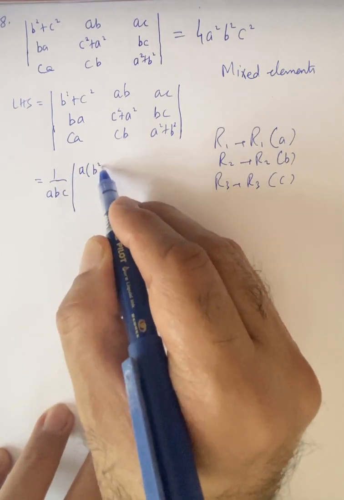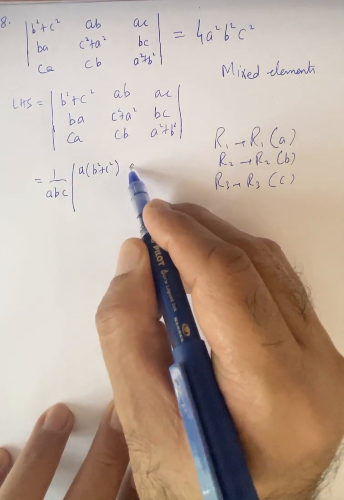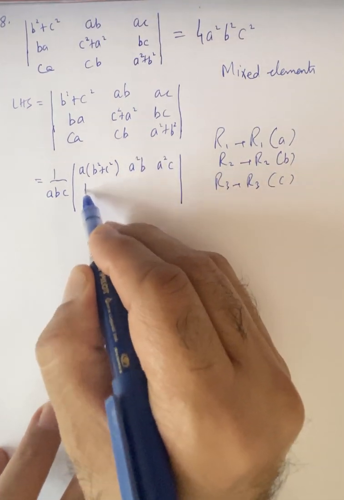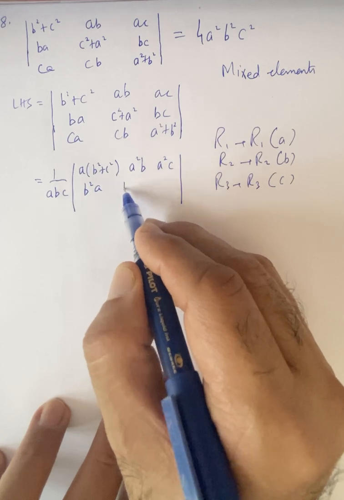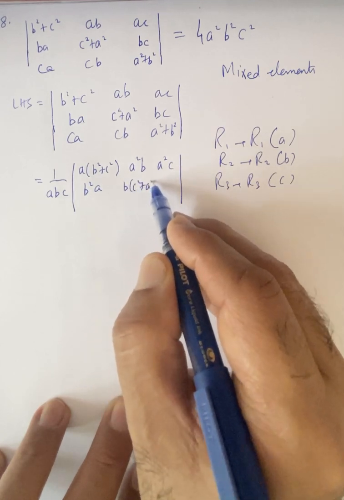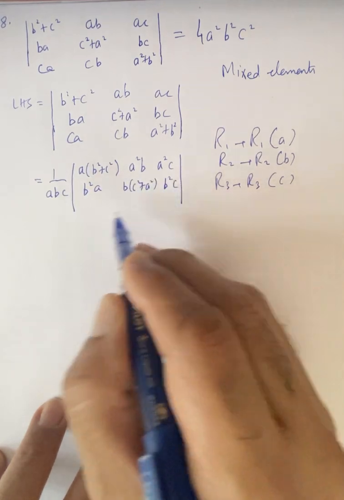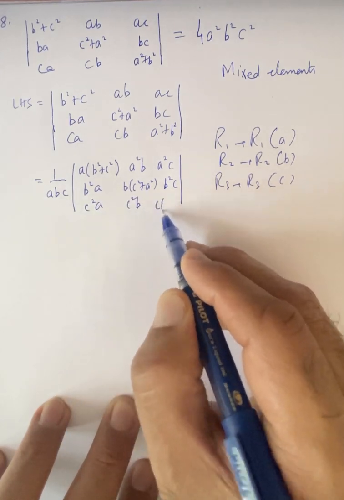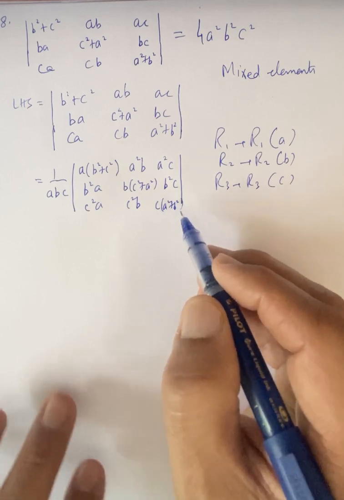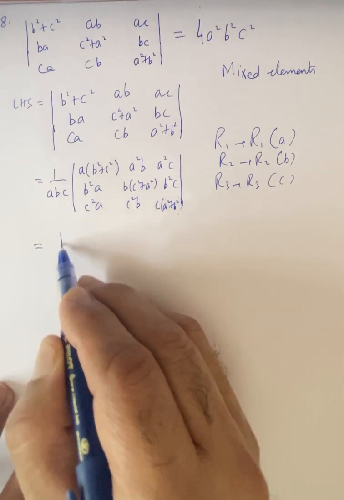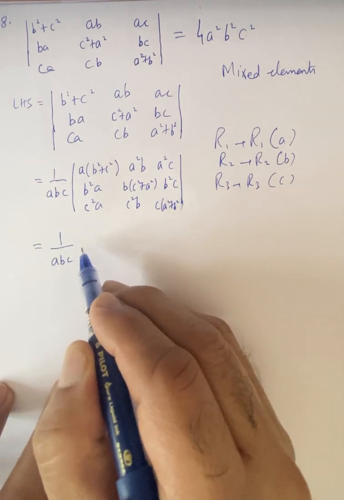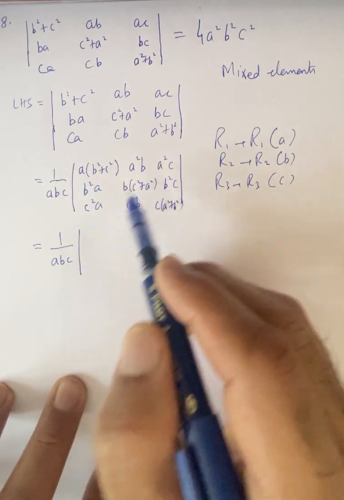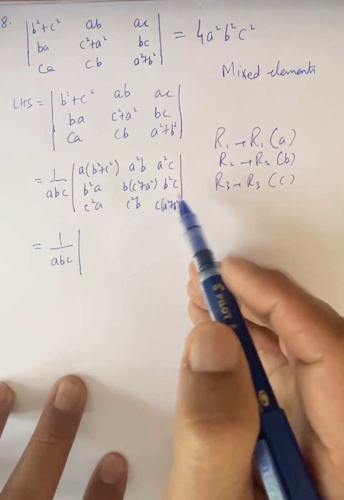This is A into B square plus C square, A square B, A square C; B square A, B into C square plus A square, B square C; C square A, C square B, C into A square plus B square. This is 1 by ABC. Now take A common from elements of the first row, B from the second, C from the third.